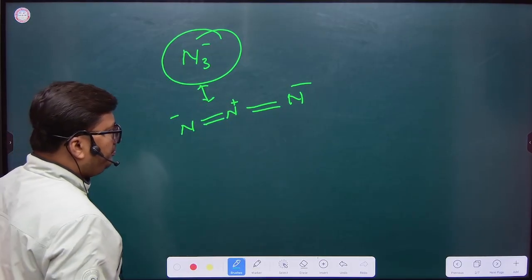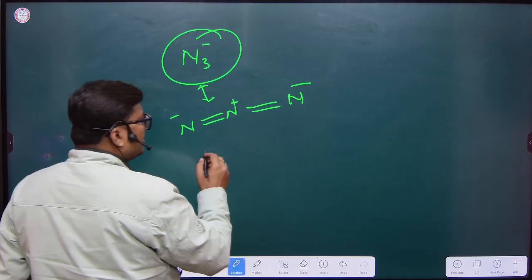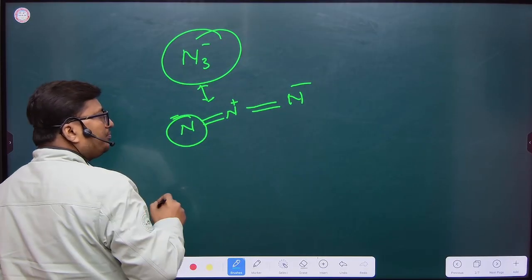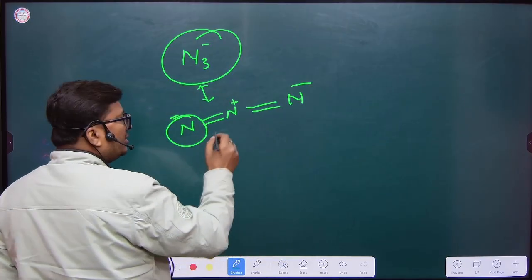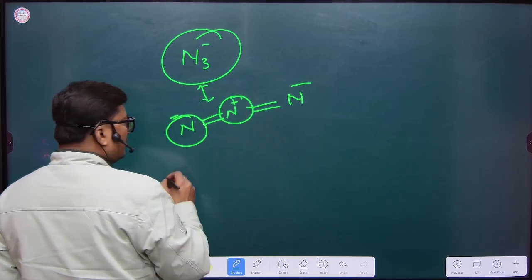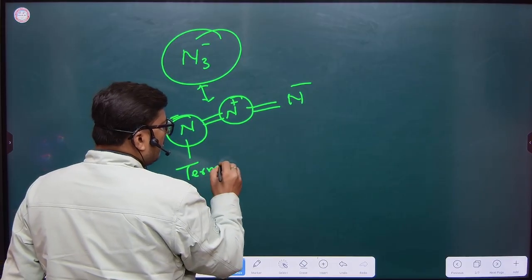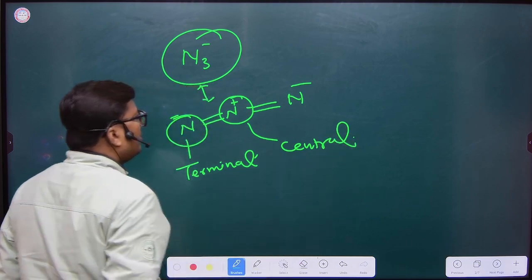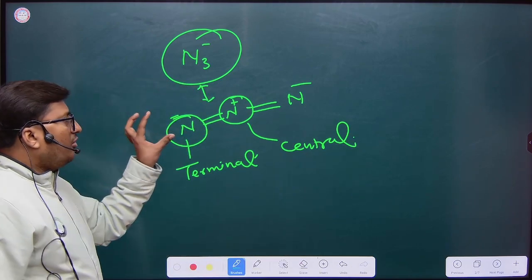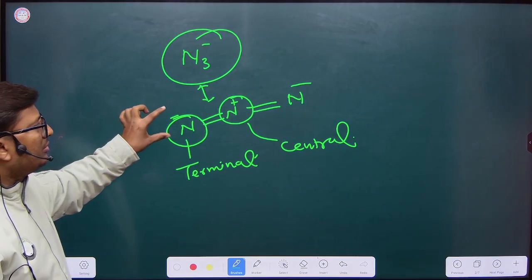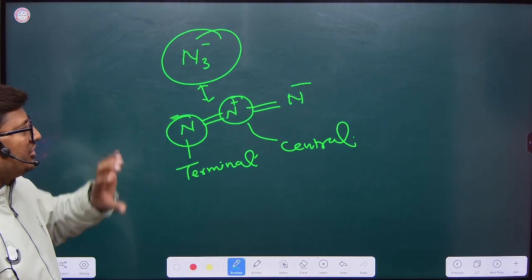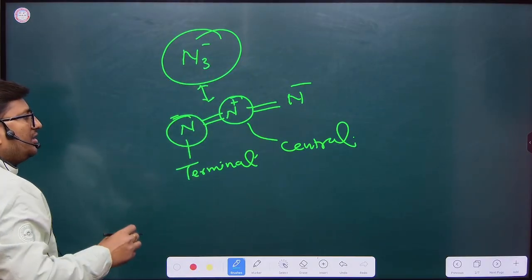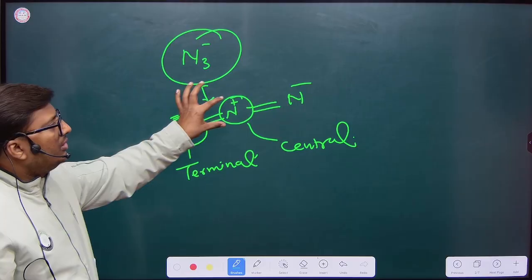So here it forms complexes with either the terminal or the central nitrogen. So this is terminal and this is central, right? During resonance stabilization of this particular ion, this kind of anion has a tendency to bond through either the terminal nitrogen or the central nitrogen.